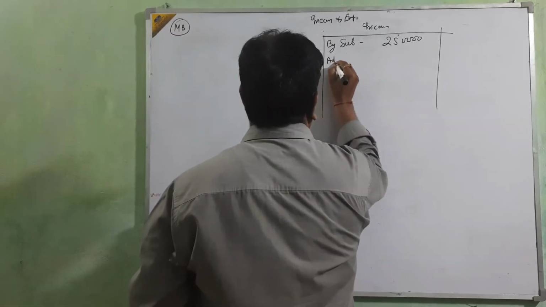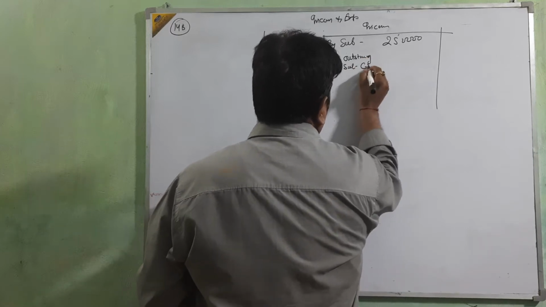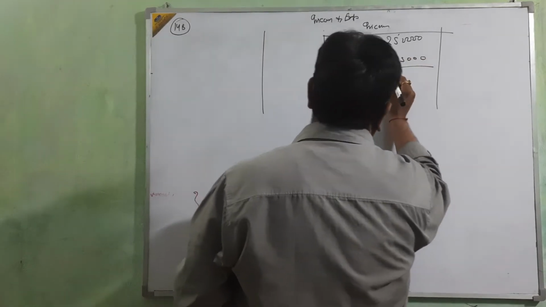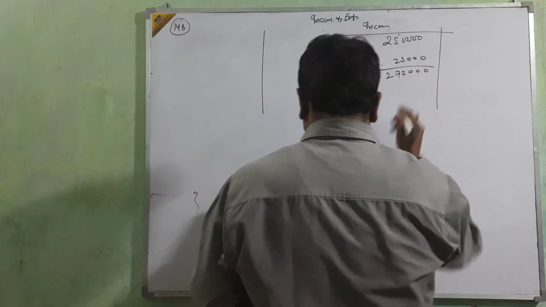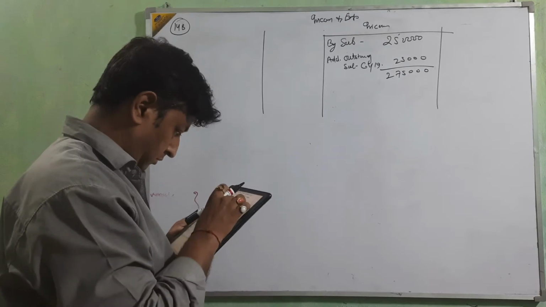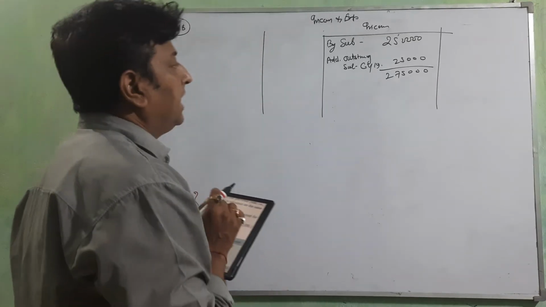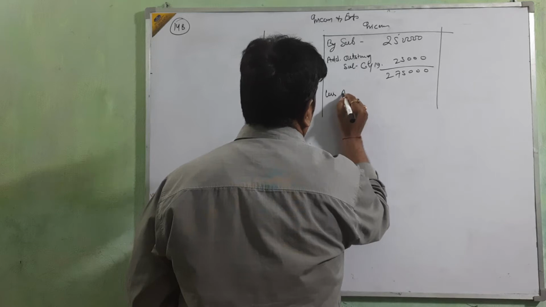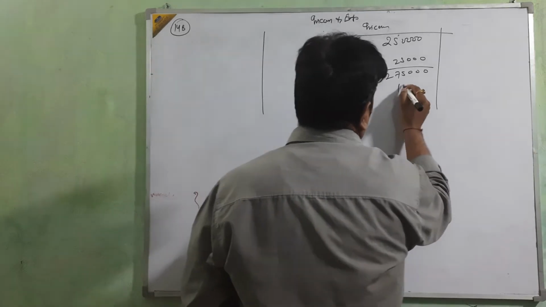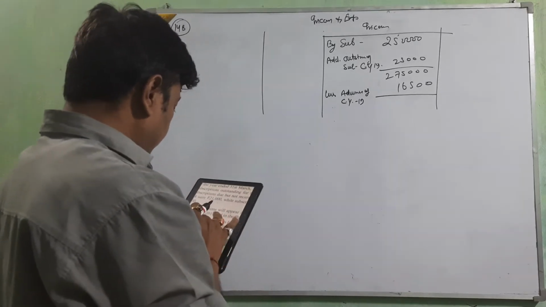Then add outstanding subscription of current year 19, 25,000. What amount is going, beta? 2,75,000. Okay. Then less advance of current year 19, beta, 16,500.